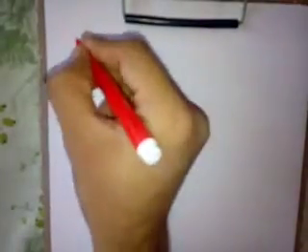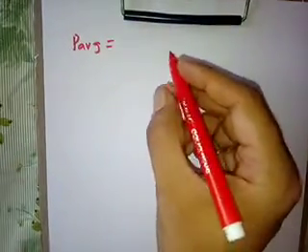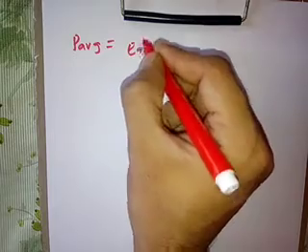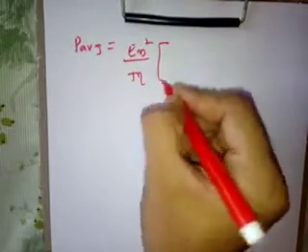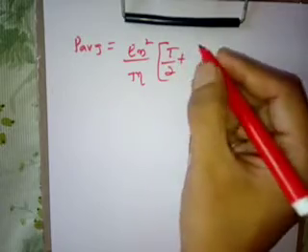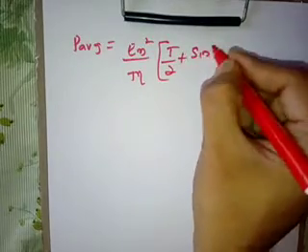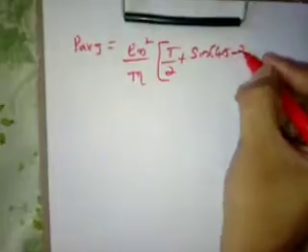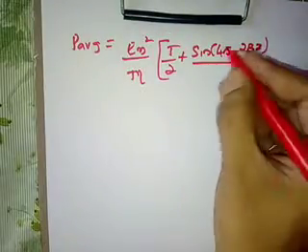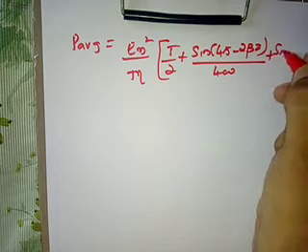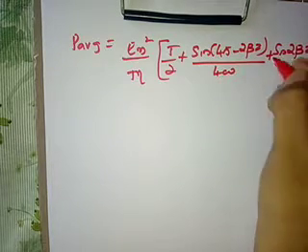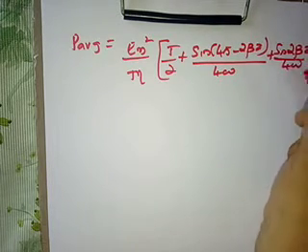P average is equal to Em square upon T eta into T by 2 plus sine of 4 pi minus 2 beta z divided by 4 omega plus sine 2 beta z divided by 4 omega.